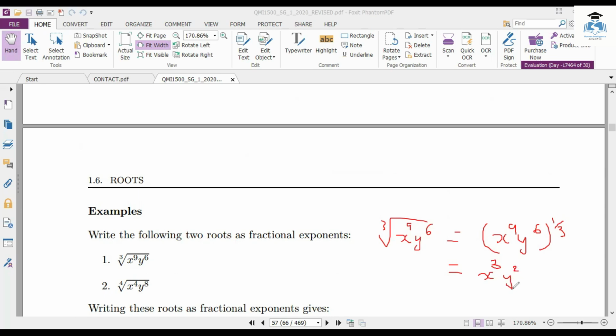So this will be your answer. It's the same also as x to the power 9 times 1 over 3 times y to the power 6 times 1 over 3. So if you don't want many hassles, you divide the numbers in the powers by 3. Then you get this. Try out this one: the cube root of 4, x to the power 4, y to the power 8.